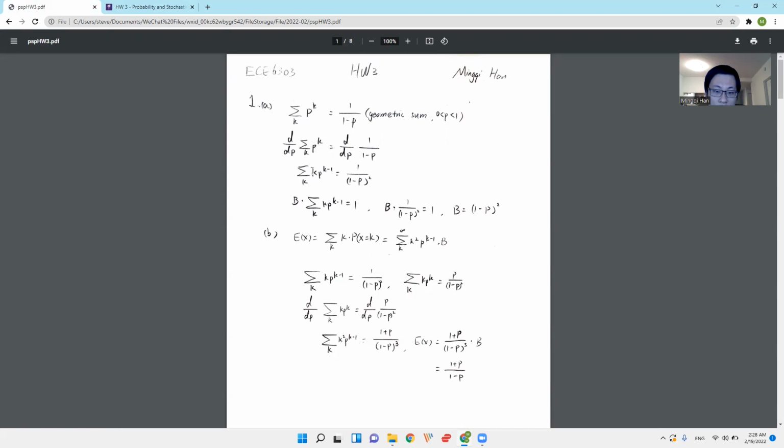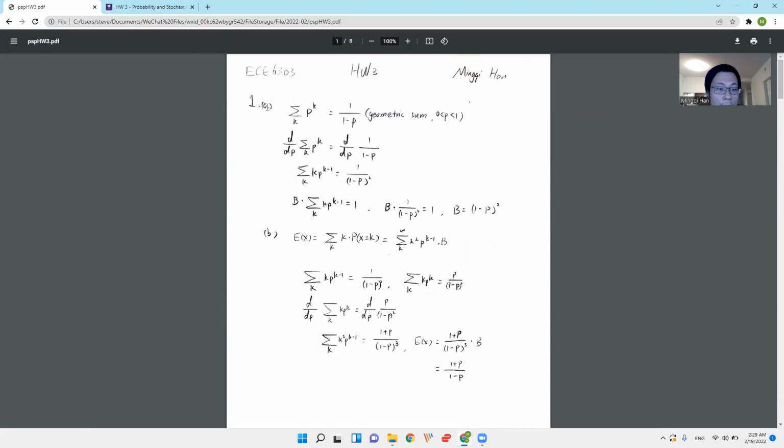It gets this equation, k p to the k minus 1, and the other side is just the derivative from here, and we know that b times this part is equal to 1. So we can just replace this part and figure out what the value b is.